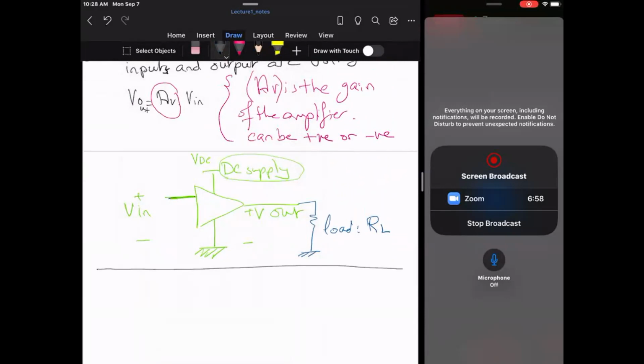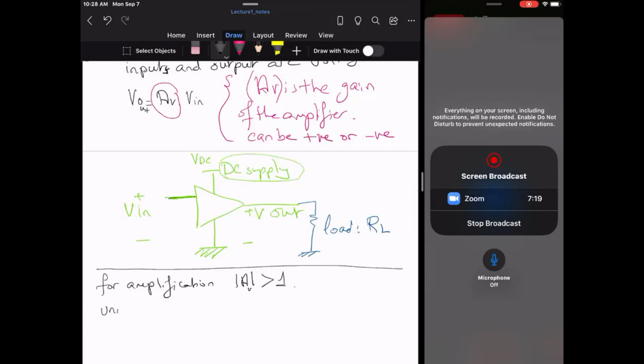Okay, so in order for this amplifier to work, meaning for amplification, the magnitude of AV has to be greater than 1. If it is less than 1, of course, it will not be amplifying.